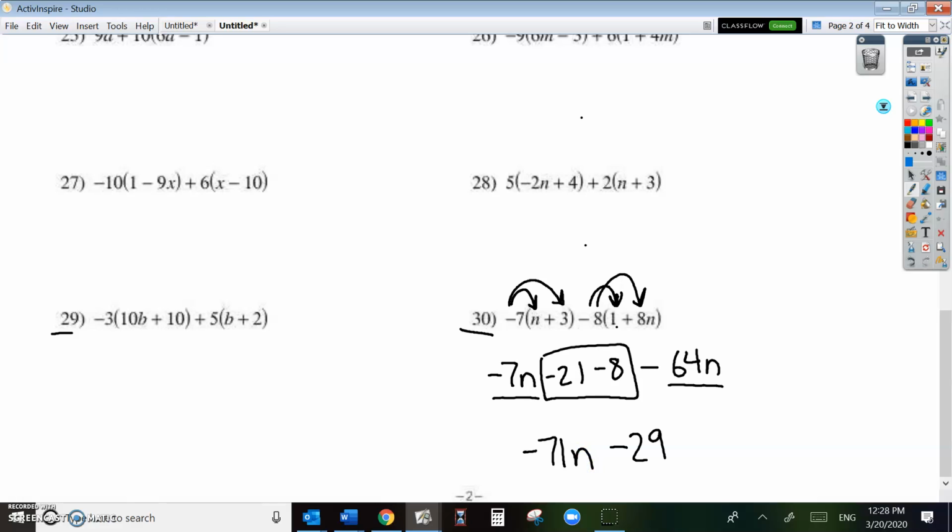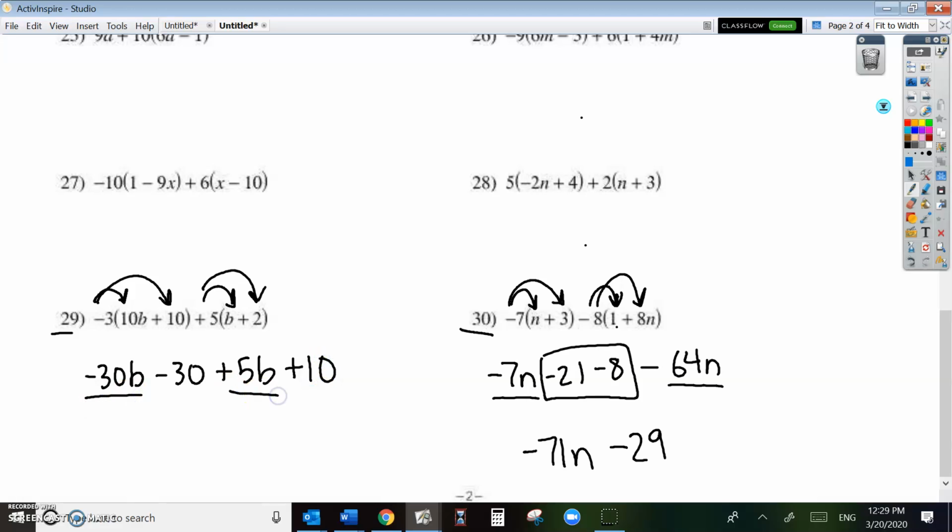Let's look at this problem. -3 times 10 is -30b. -3 times 10 is -30. Do 5 times b and 5 times 2, plus 5b plus 10.